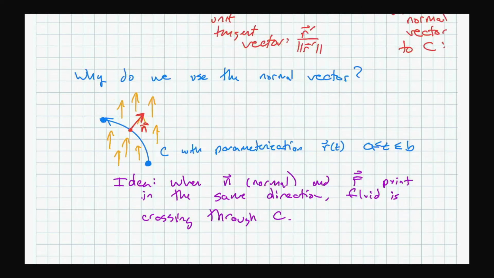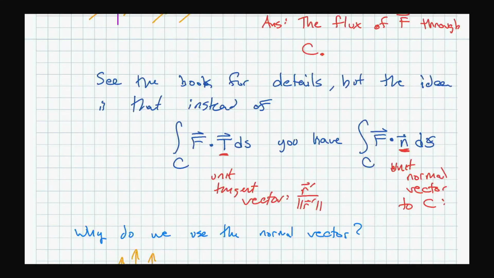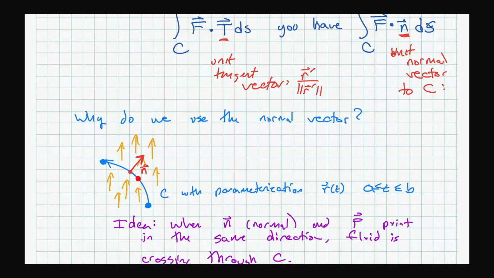So basically, if the dot product between these is 0, then that would mean that the fluid is 90 degrees away from the normal. And if the fluid was flowing along the direction of the curve, that would mean it's not going through the curve.